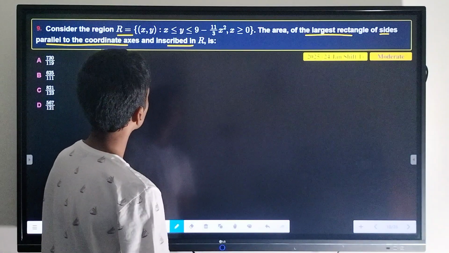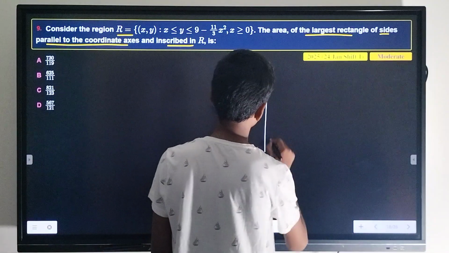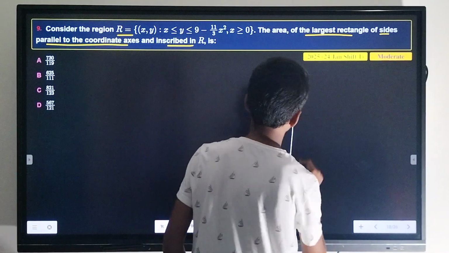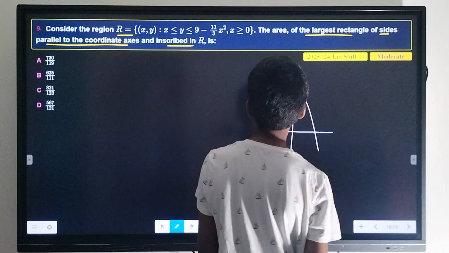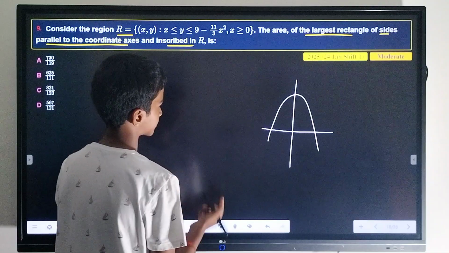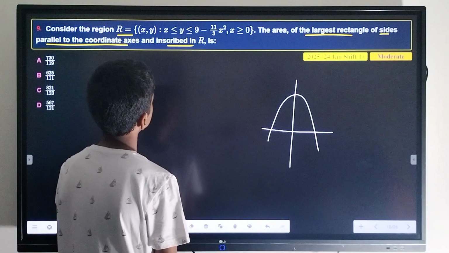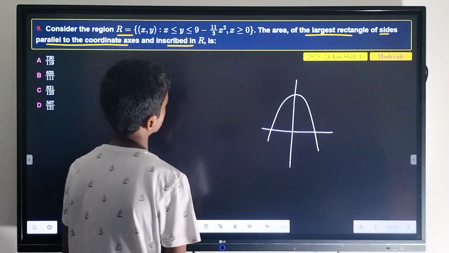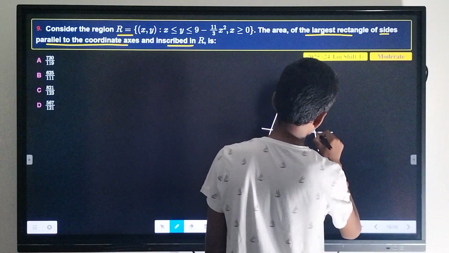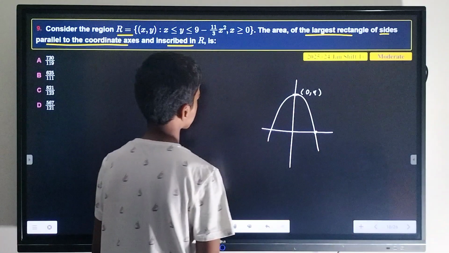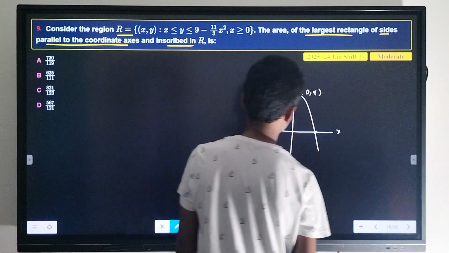So first of all, let's plot our graph. Now it intersects the y-axis when x is 0, so at (0, 9), and it intersects the x-axis on the positive side. This is the x-axis, this is the y-axis.